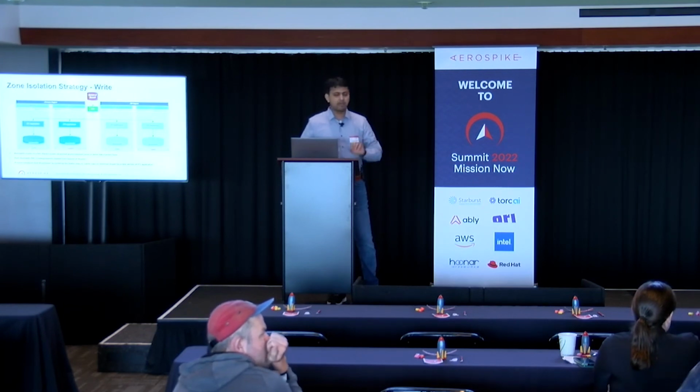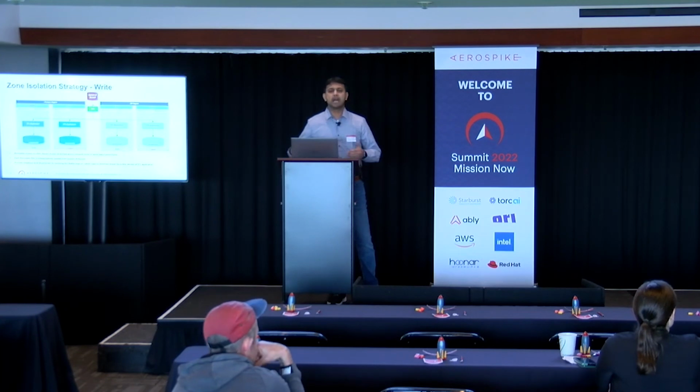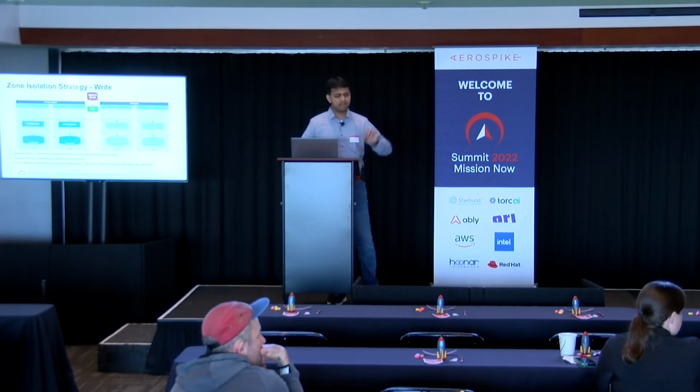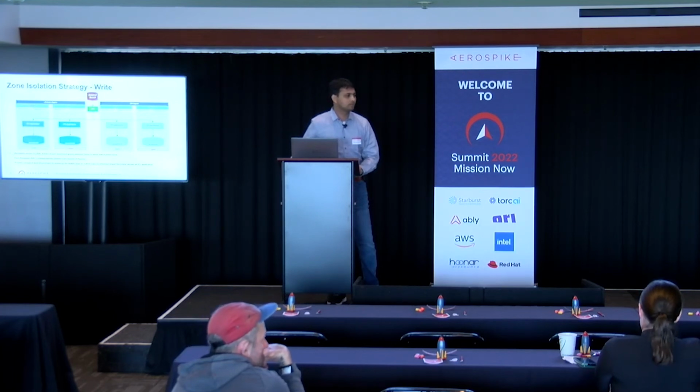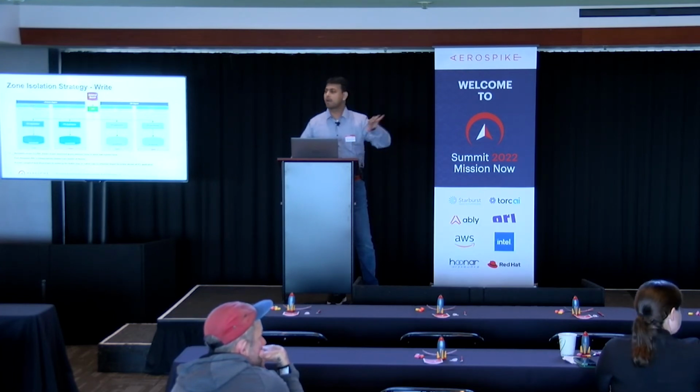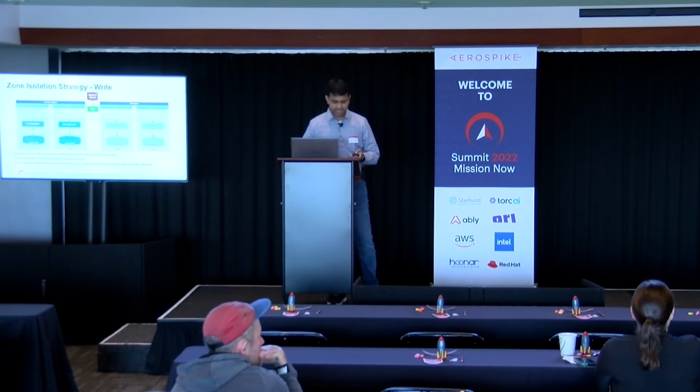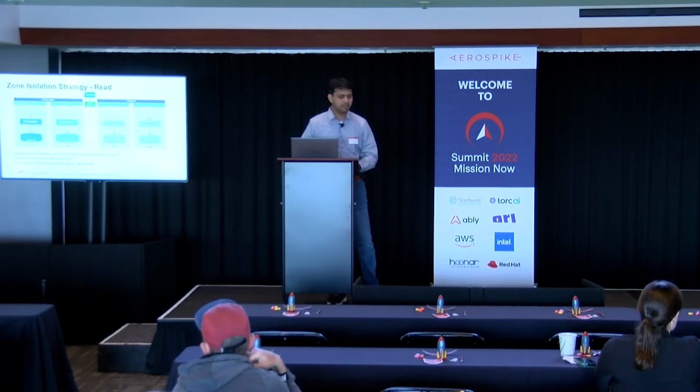Now, when this write is happening, how do my applications know that they should read from zone 1, or from zone 1 and zone 2? For that, we have to go to the next slide and see how we maintain that.